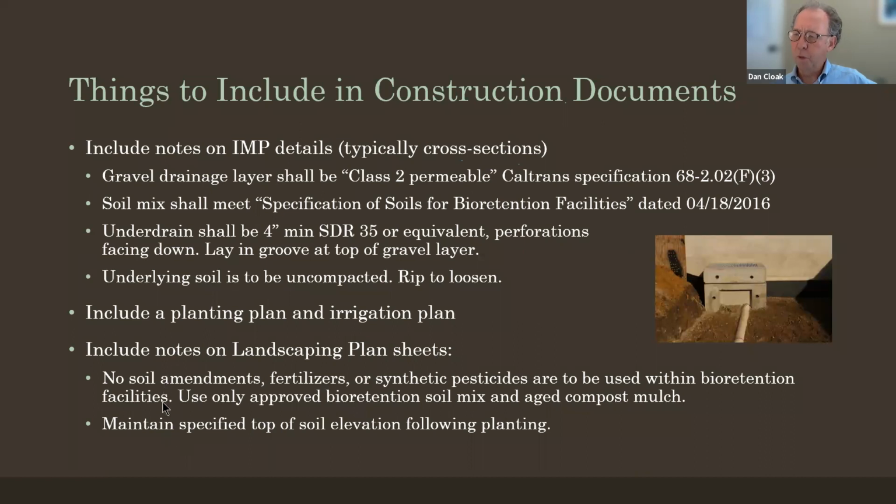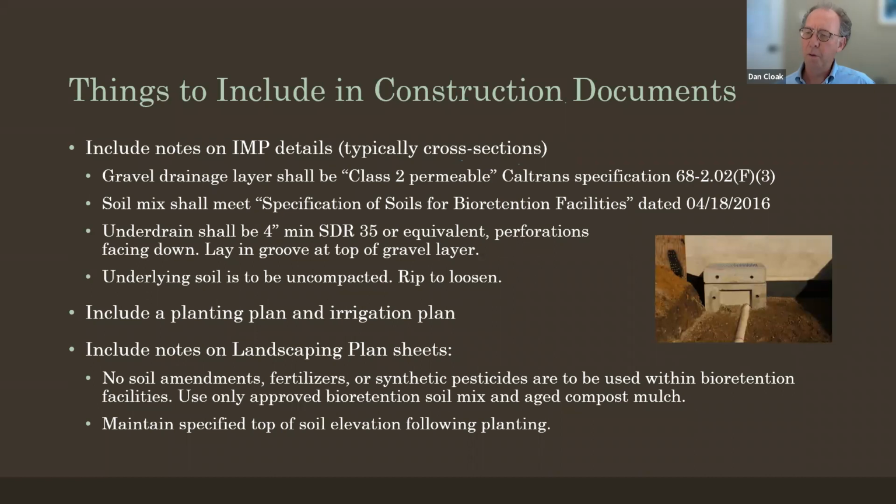These two points: no soil amendments, fertilizers, or pesticides, none of the things that might be used with conventional landscaping, or even the surrounding landscaping. Don't use these in bioretention facilities, only the approved mix and aged compost mulch, and maintain that specified top of soil elevation following planting, which is a fairly common issue.